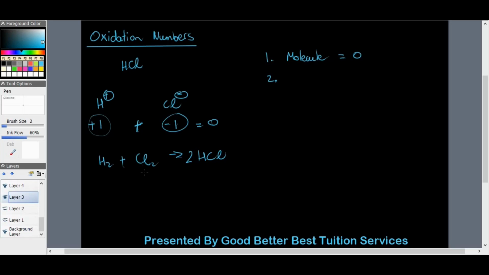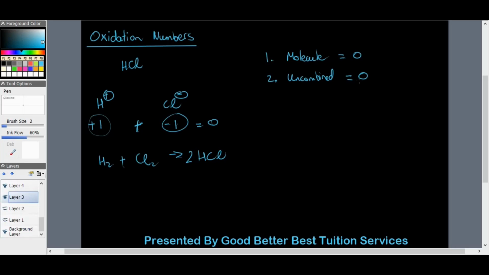They're just bonded to themselves because they can't exist alone. So for any uncombined element, as we see here with hydrogen, chlorine, and amongst others, the oxidation number is also 0. Okay, fantastic.